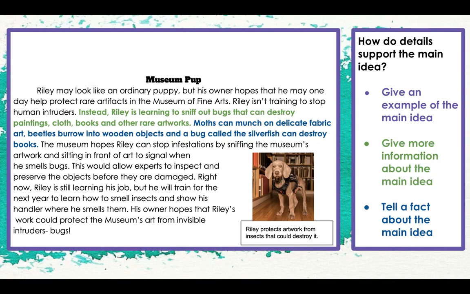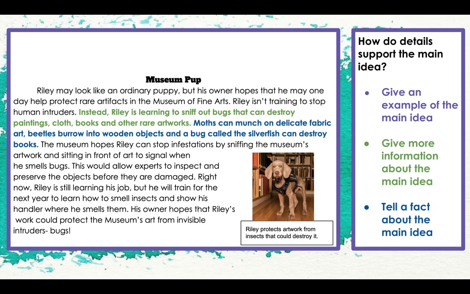Right now, Riley's still learning his job, but he will train for the next year to learn how to smell insects and show his handler where he smells them. His owner hopes that Riley's work could protect the museum's art from invisible intruders, bugs. We have a picture of puppy Riley, and it says, Riley protects artwork from insects that could destroy it.